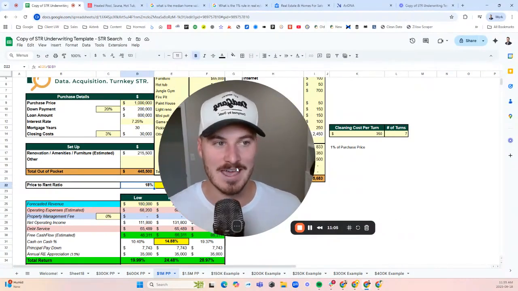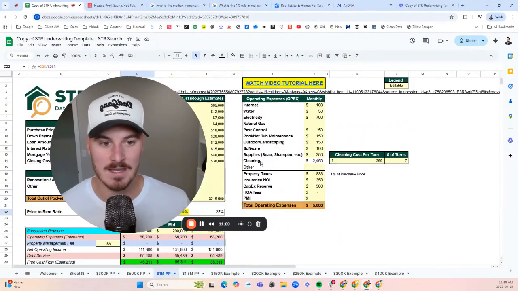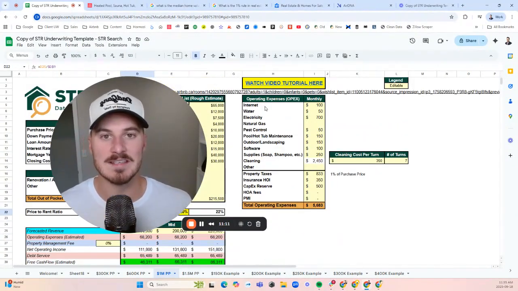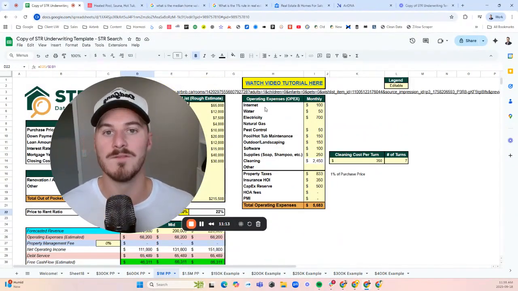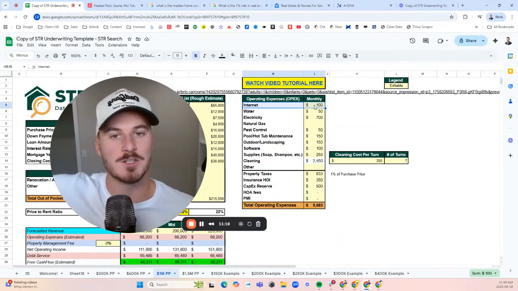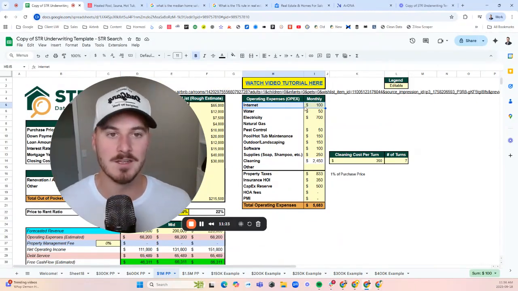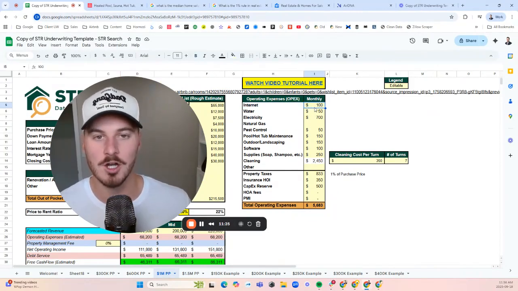With that being said, I want to break down two things here. The first thing is that the reason this is happening in the way that it's happening, or one of the reasons anyways, is that certain operating expenses don't increase just because the purchase price of the property increased. So for a $1 million property, your internet could be about $100.